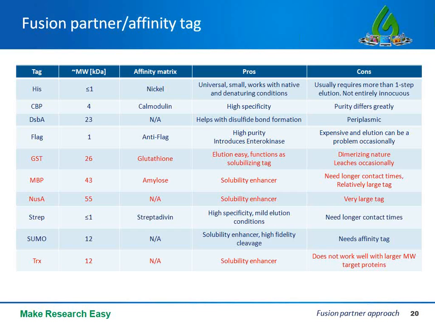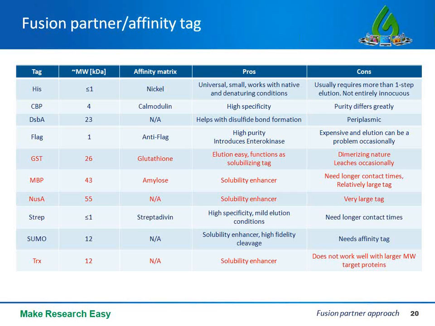DsbA can increase solubility both in the cytoplasm and periplasm, and it also helps with disulfide bond formation. Flag tag. The Flag tag functions really well, and it also introduces an enterokinase cleavage site. But remember that the Flag resin can be a bit expensive. Strep-tagged proteins bind really tightly to streptavidin columns and are eluted under physiological buffer conditions, so much easier to use.